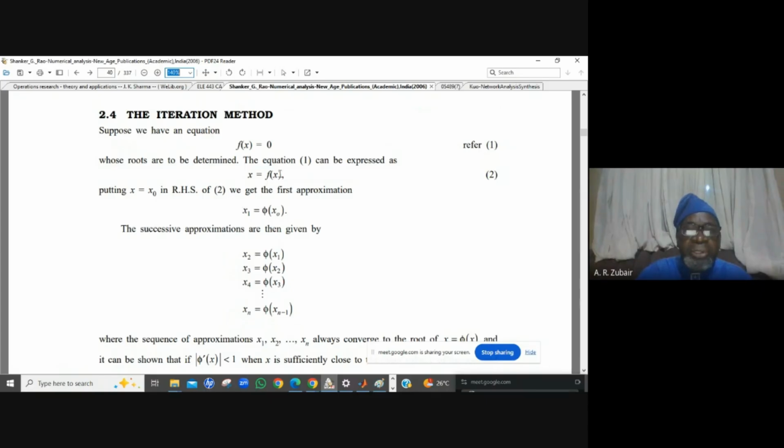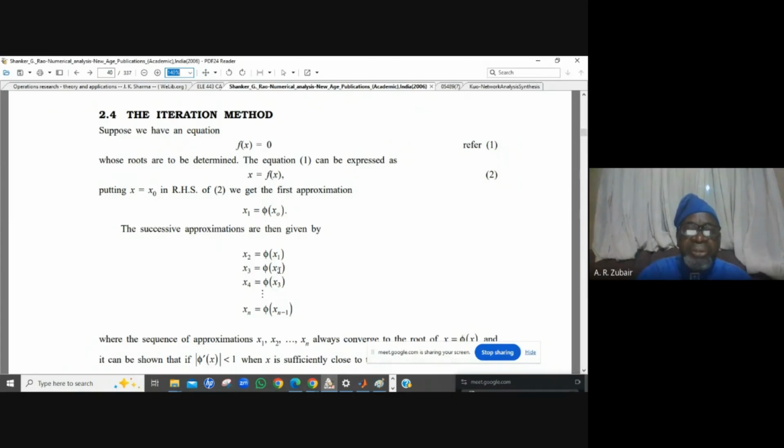You are going to substitute in that expression, and you are going to get another value. When you get this value x1, you know your x naught is guesswork. We call it the initial guess. So when you substitute x naught in the function, you get x1. Then you substitute x1 into the same function and get x2.